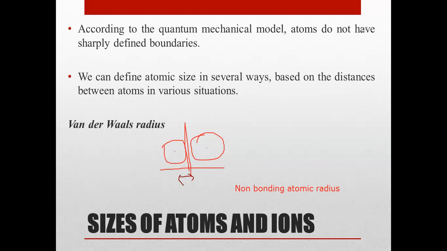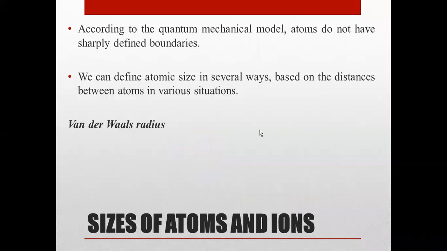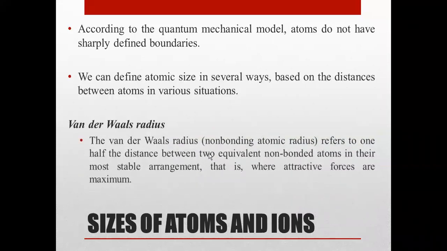So I can show you clearly. The van der Waals radius, the non-bonding atomic radius, refers to one half, that is very important, the word one half, of the distance between two equivalent non-bonded atoms in their most stable arrangement, where the attractive force is maximum.